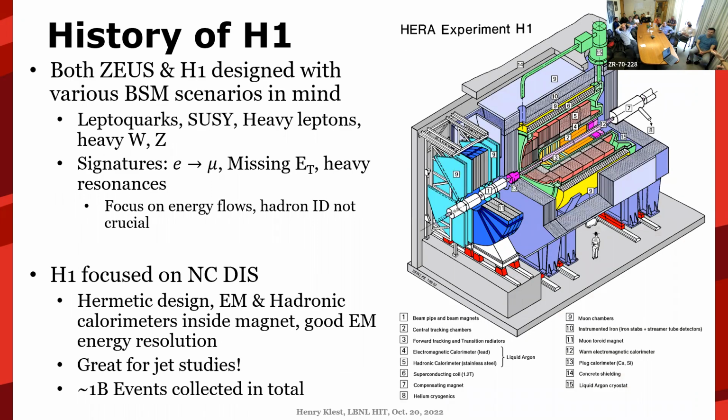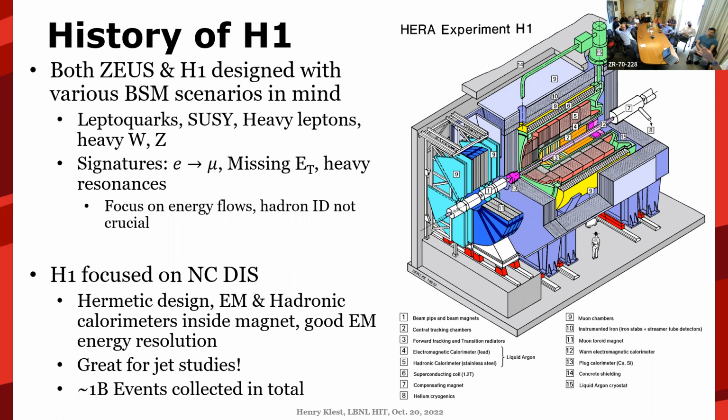Both of these detectors were designed largely with high energy physics as the name of the game, because at that time, people weren't as pessimistic as we are these days about finding new phenomena. So they had things like leptoquarks, SUSY, heavy leptons, heavy W and Z. And for those kinds of analyses, what you want is the ability to reconstruct the invariant mass of very powerful, strong jets.